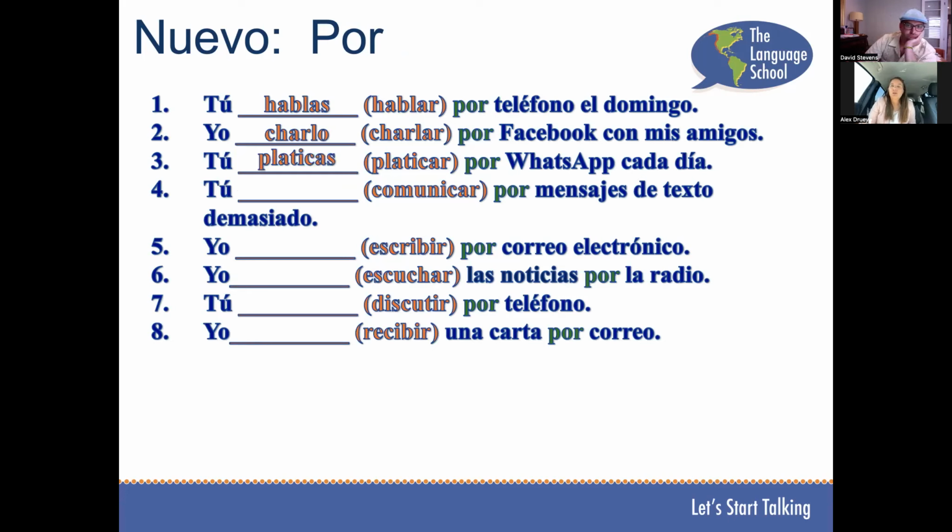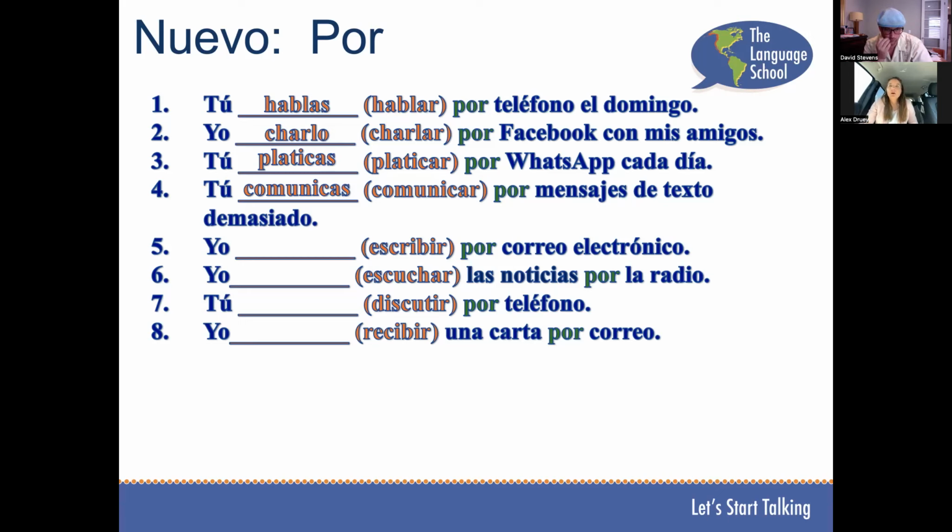Tú comunicas por mensajes de texto demasiado.